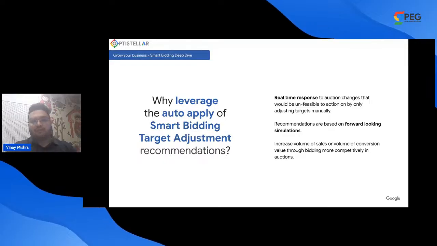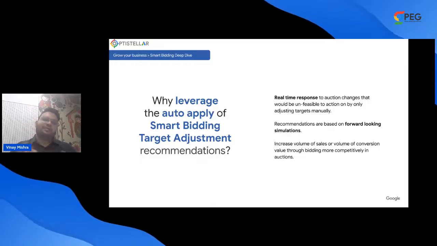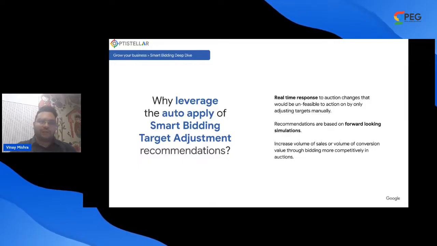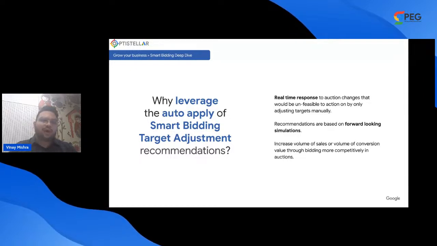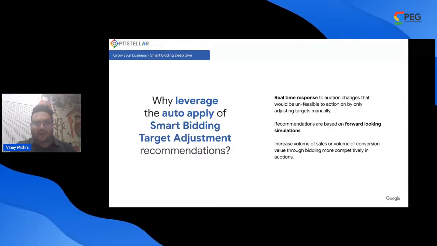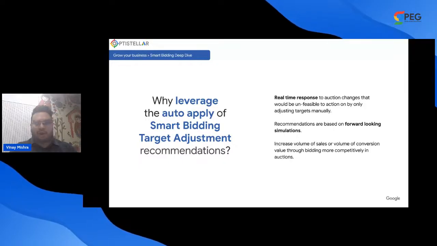Now, apart from the points that we've discussed, as I've mentioned, real-time responses. Let's also talk about how auto apply smart bidding target adjustments are recommended to your particular campaign or account.